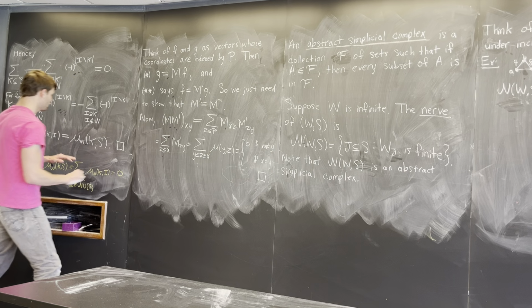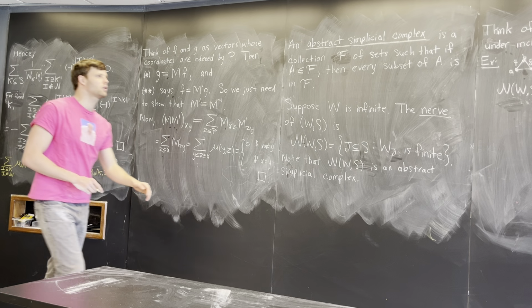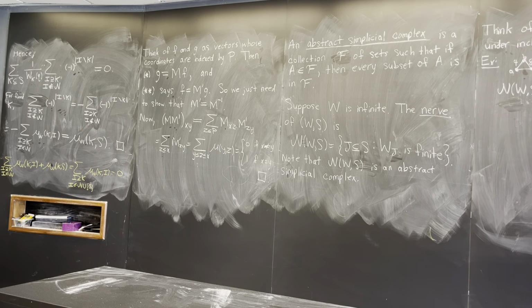And from this, finally, if you just plug this back in, this thing equals this Möbius value. So we have the sum over k, a subset of s, of 1 over w k of q times the Möbius value, which is what we wanted.